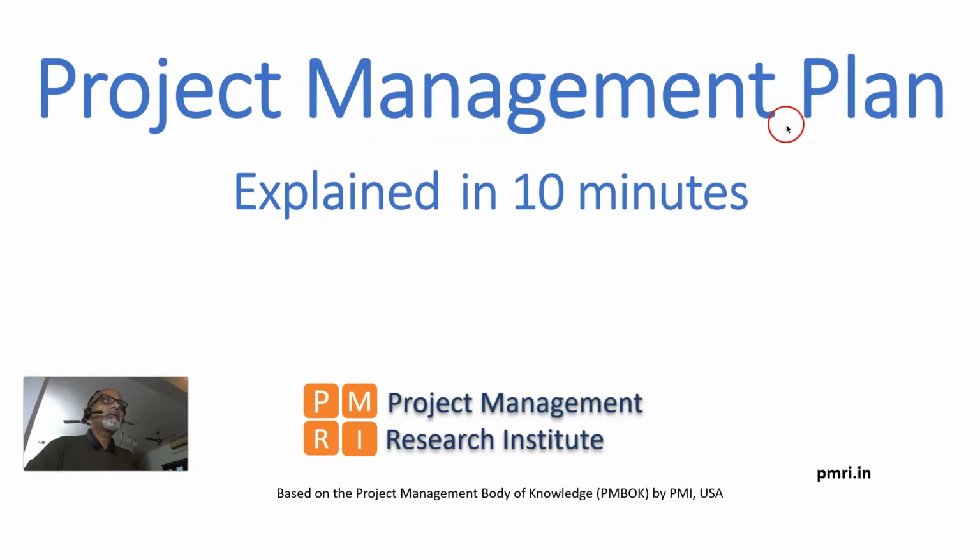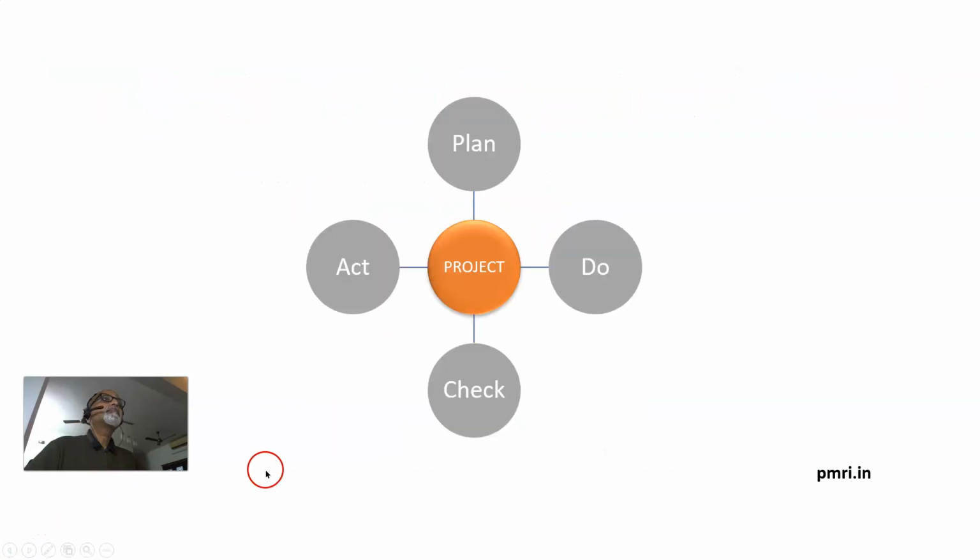Project management plan explained in 10 minutes time. Now the entire planning process revolves around plan, do, check and act. In fact, project management revolves around plan, do, check, act, known as the PDCA cycle.